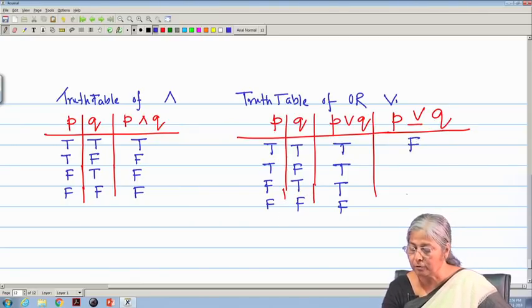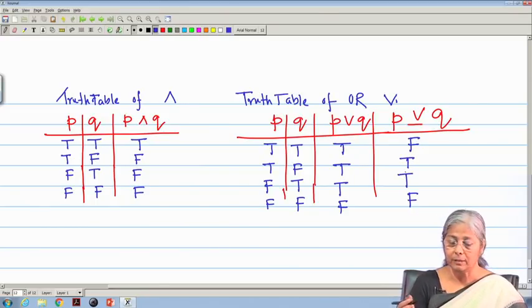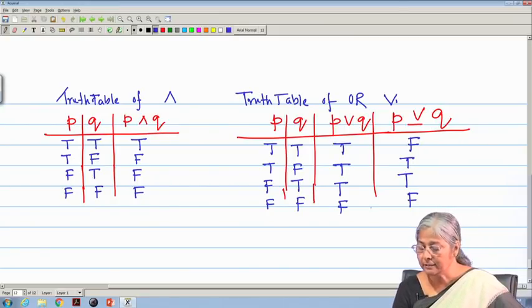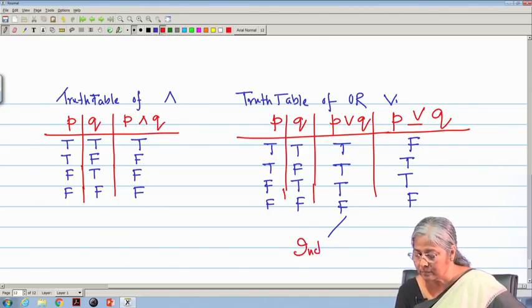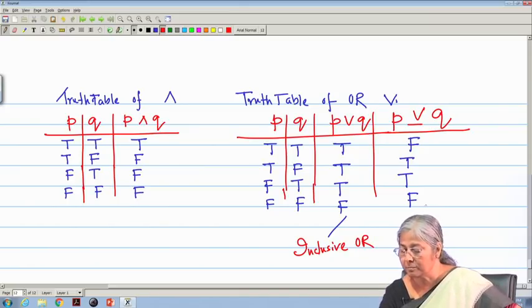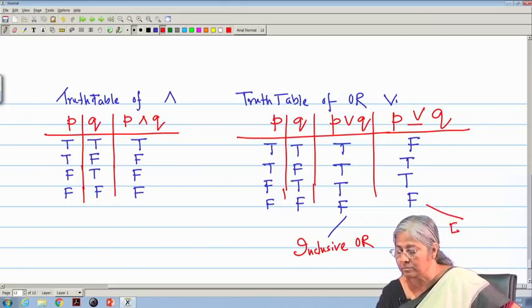If both are false, then it is false. If any one is true, then only it is true. So, this is my inclusive OR, and this is my exclusive OR.